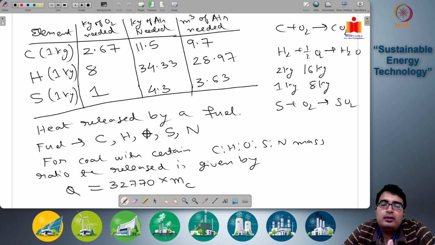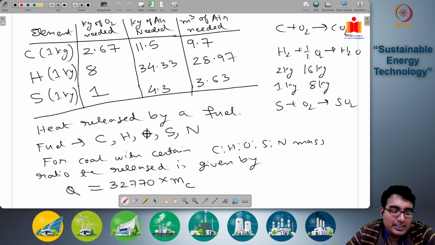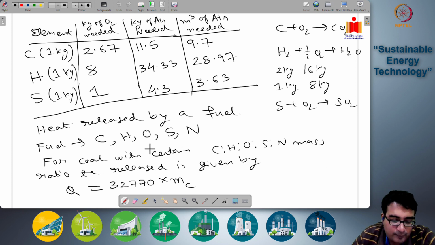So based on that, you can find out how much hydrogen is present in bound form with water, which will not contribute to any heat that is being generated during the combustion process.